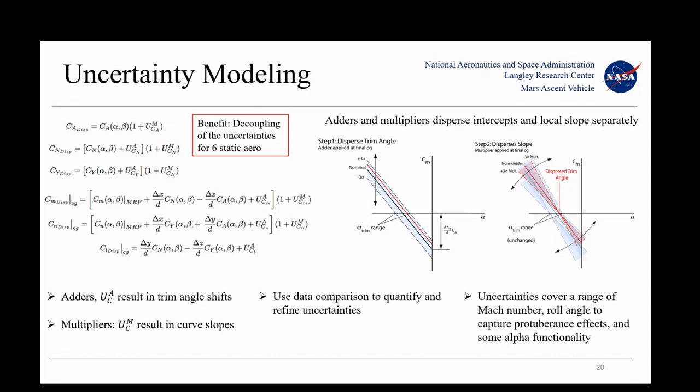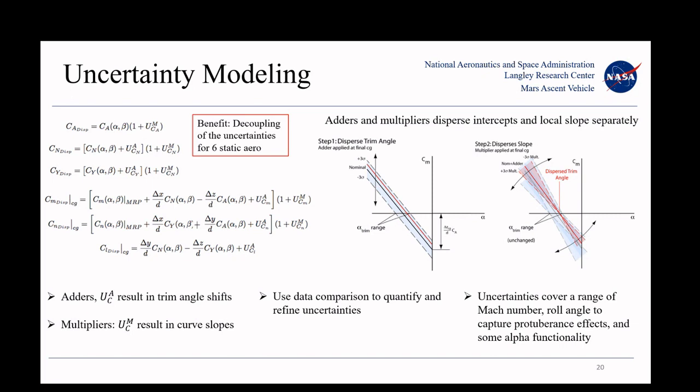For the forces, CA, CN, and CY, especially for CN and CY, it has an adder term that is added onto the nominal coefficients, and then there's a multiplier term that changes the slope of your CN and CY plots. As for CA, it only has a multiplier.